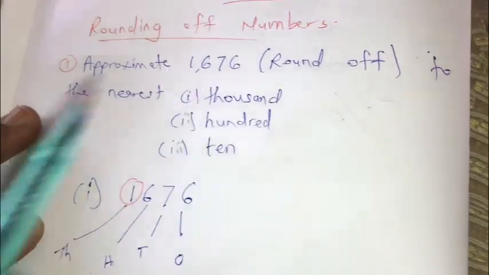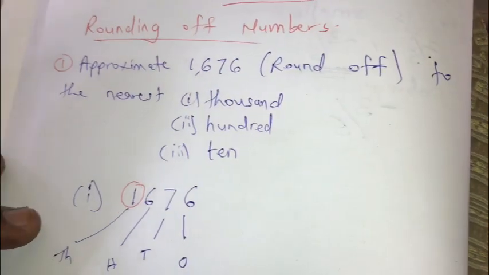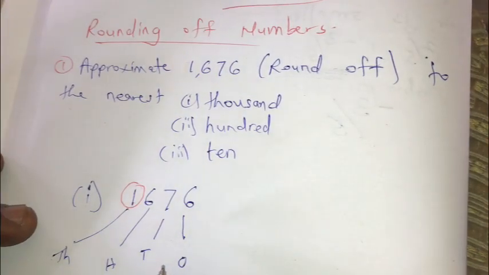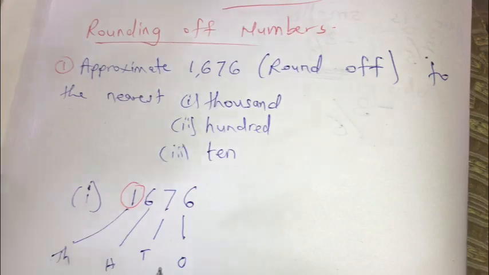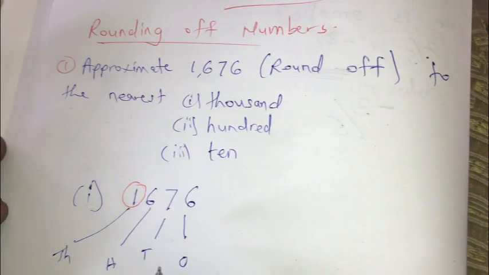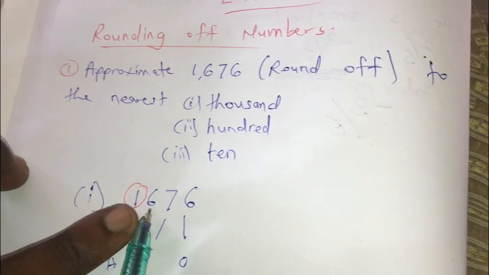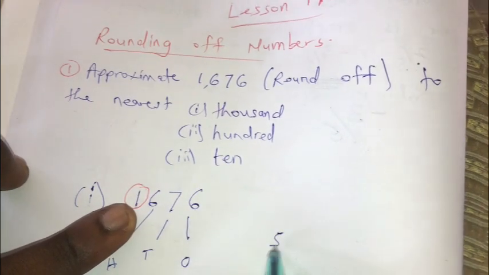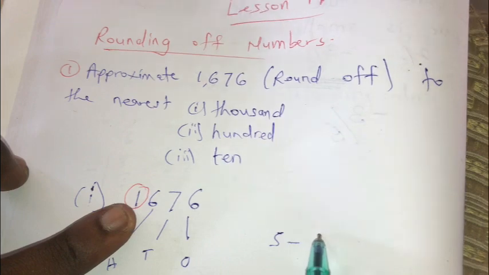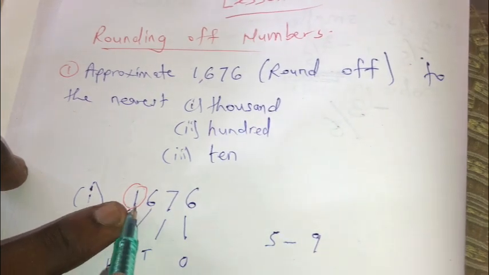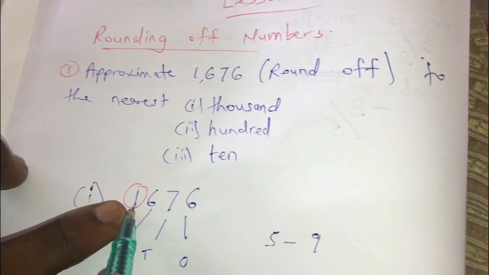So when we are rounding off to the nearest 1000, we check the number after the number in the 1000 position. I hope I'm very clear. So which number is after the number in the 1000 position? That's 6. If the number is 5 or more, let's say 5 to 9, you add 1 to the number in the 1000 position.